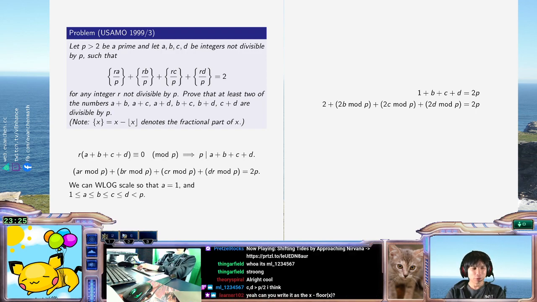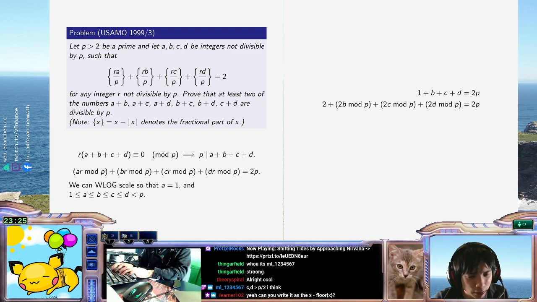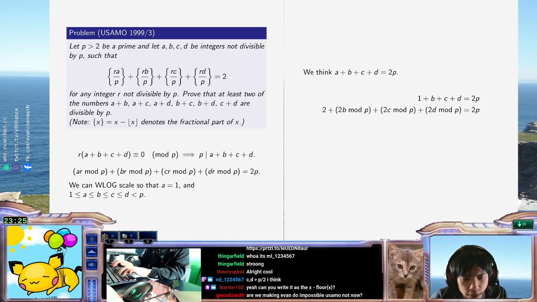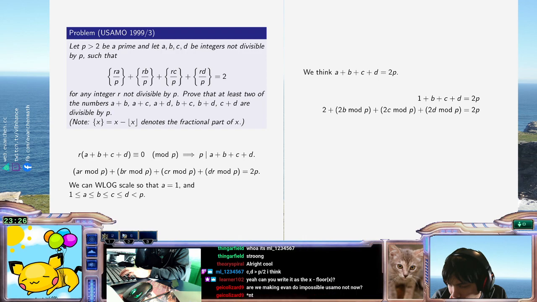Okay, humor me for a moment. I'm going to write the floors and see what happens, just because I'm curious. I don't really expect it to work, but we've made a reduction where A plus B plus C plus D is equal to 2 beyond the dot, and fractional x is x minus floor x. So wait, what does that do?